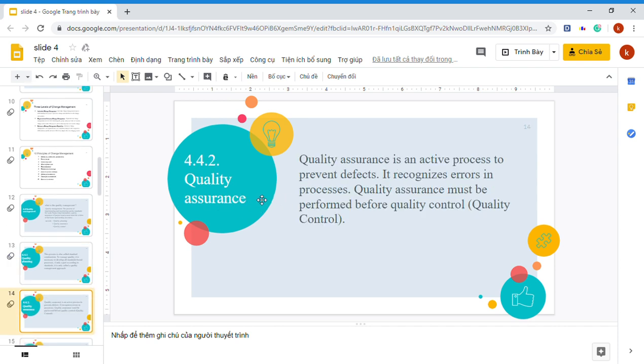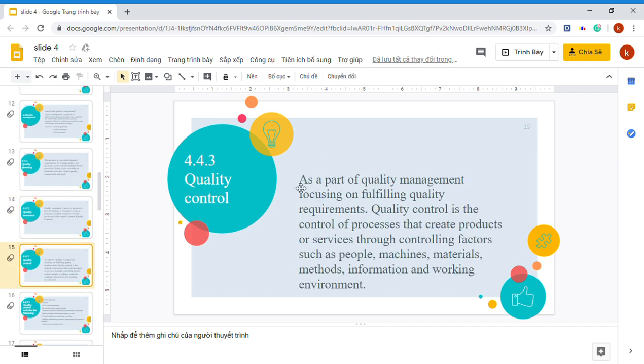Next, quality assurance. Quality assurance is an effective process to prevent defects. It reduces errors in a process. Quality assurance must be performed before quality control.